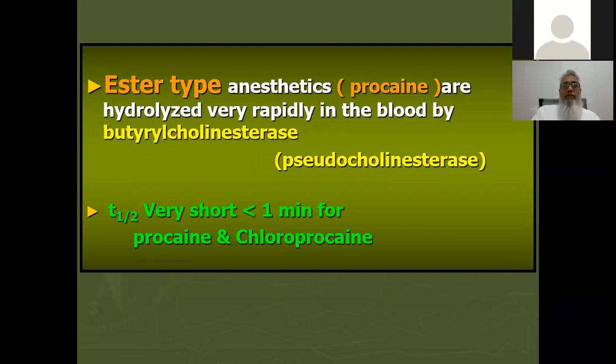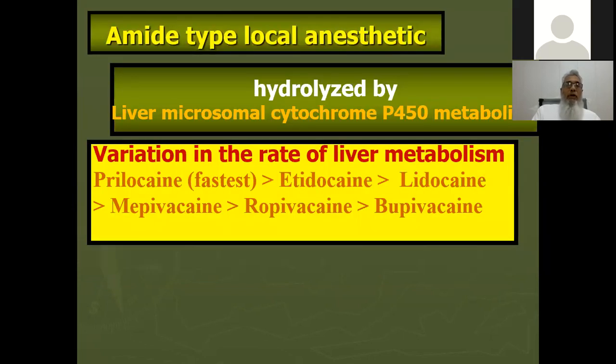These metabolites are water soluble and are excreted in the urine. While the amides are hydrolyzed in the liver, by the cytochrome P450 microsomal enzymes.